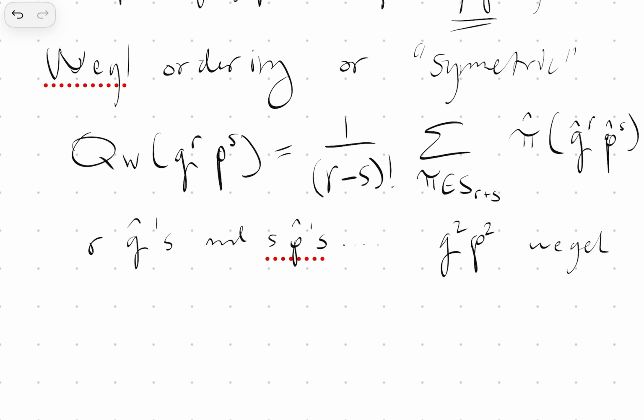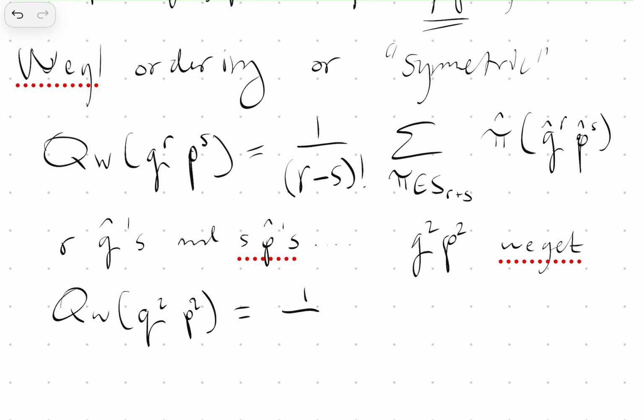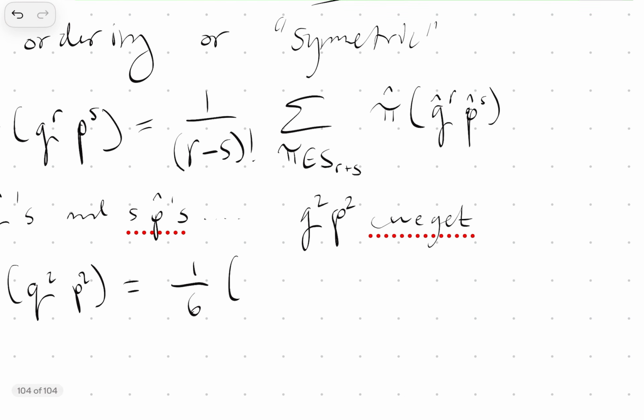Okay? So for Q squared P squared, just applying the formula here, we get 1/6, and then taking all of the permutations over that.